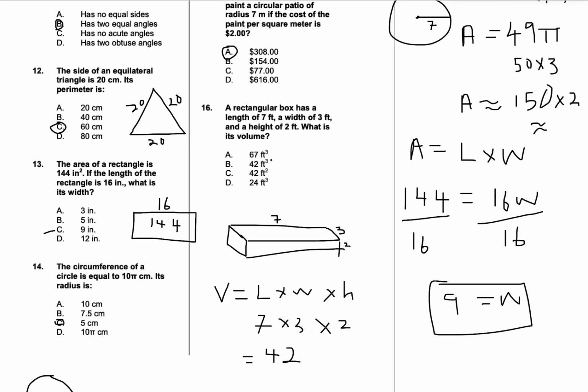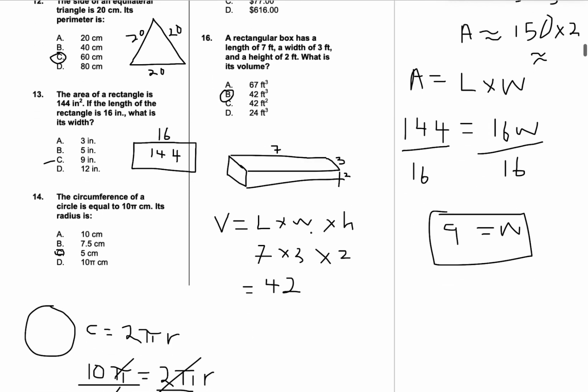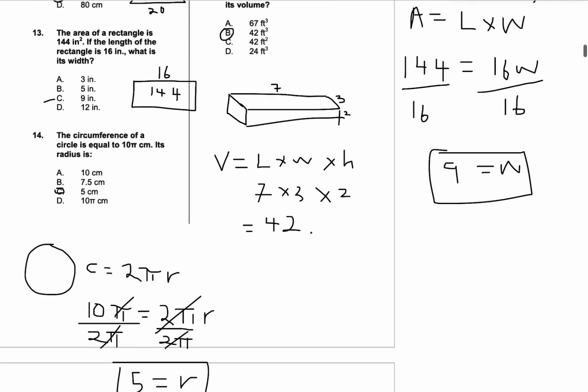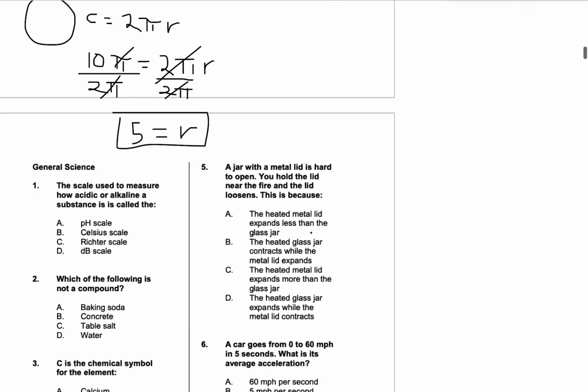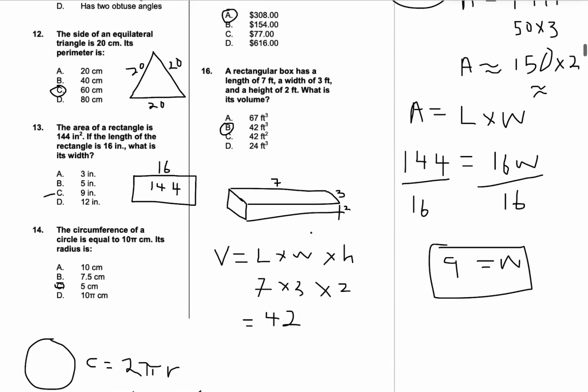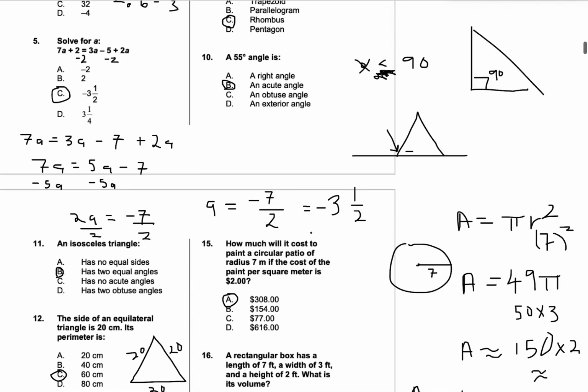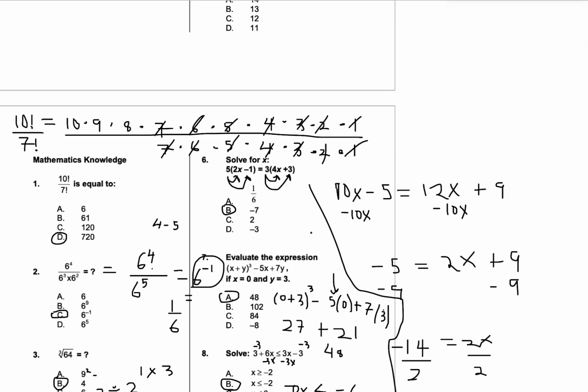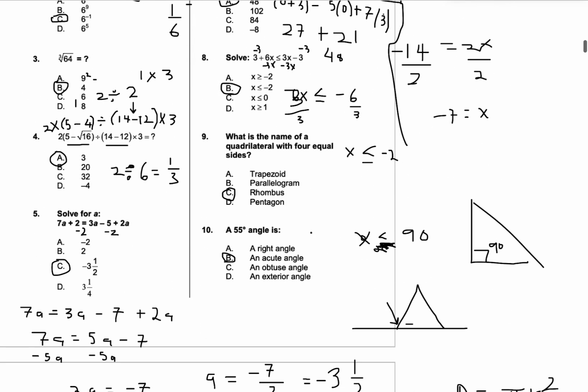B is 42 feet cubed, and then C is 42 feet squared. So the answer should be B, because we're dealing in three dimensions. Whenever we speak about volume, we're typically talking about three-dimensional space. So yeah, this would be the mathematics knowledge section.